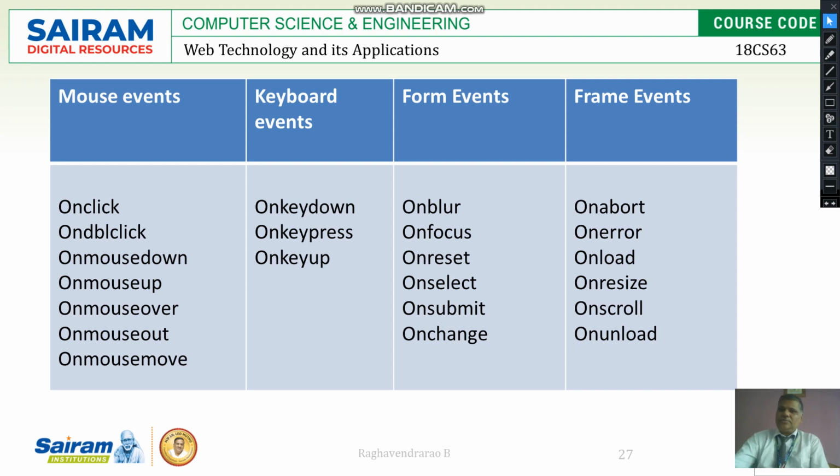On key down, when you press that key down and hold it down, the event is going to fire. Okay, on key press, one single press, that event is going to happen. On key up, when you press down, it is not going to execute, but when the key goes up, it gets executed.